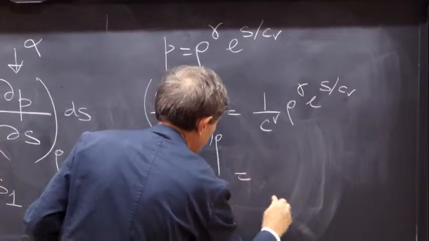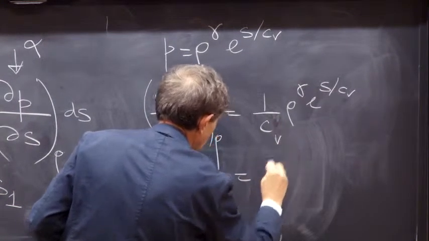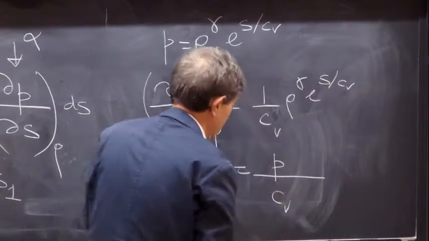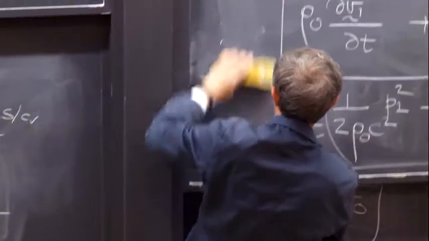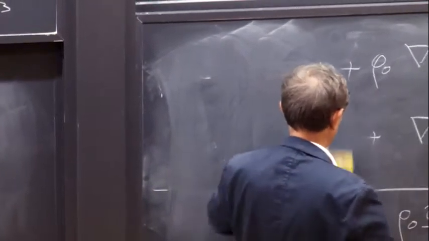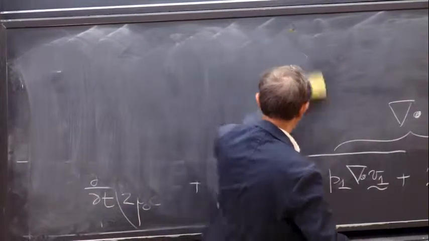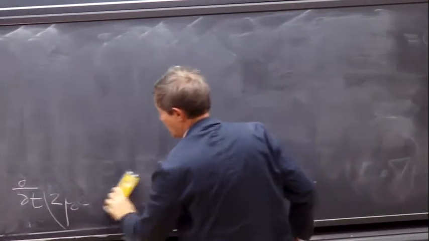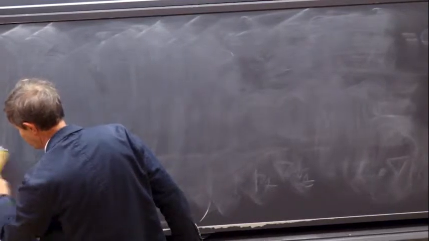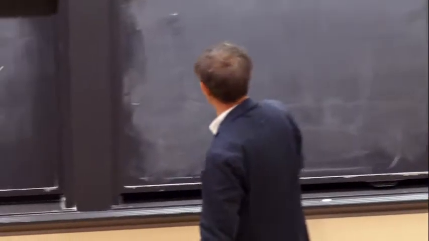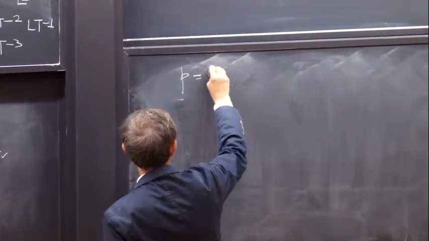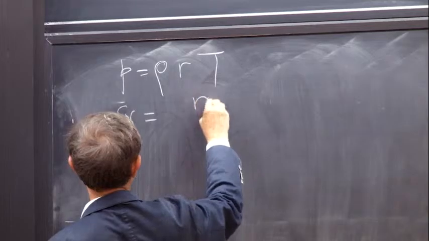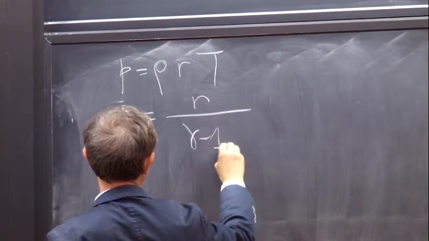So this is like P divided by CV. And of course, this is valid for perfect gases. So P is equal to rho R T, and CV is equal to R divided by gamma minus 1.